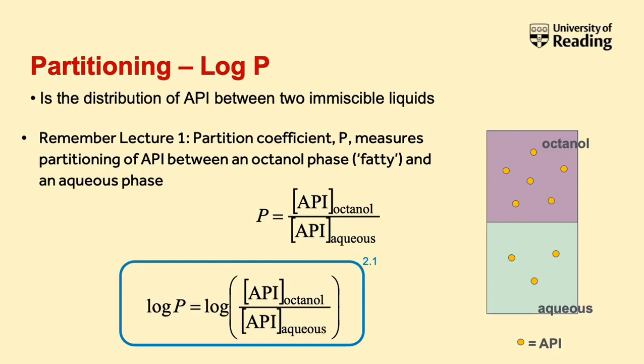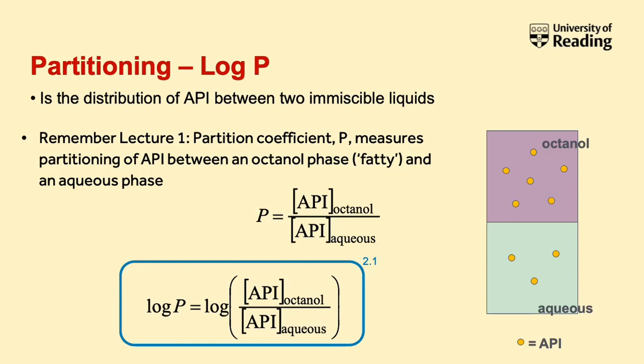Now remember that in lecture 1 I talked about the partition coefficient, where P was a sort of physical equilibrium constant, and it measures partitioning of, say, our active ingredient between an octanol phase, which we call our fatty phase, our non-aqueous phase, and our aqueous phase.